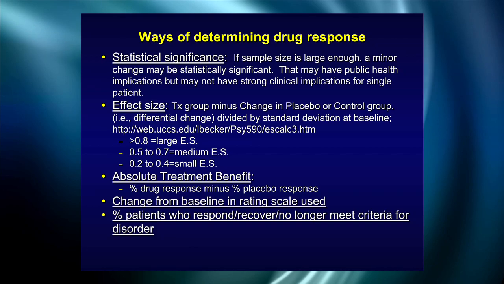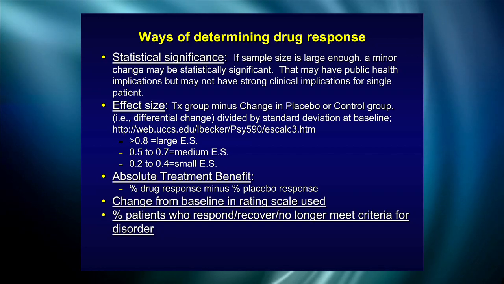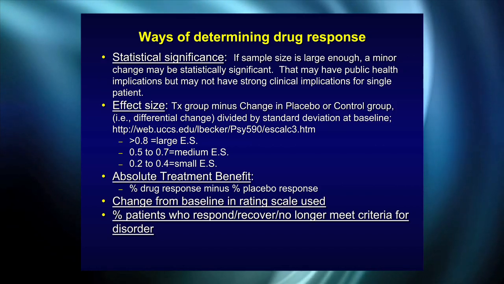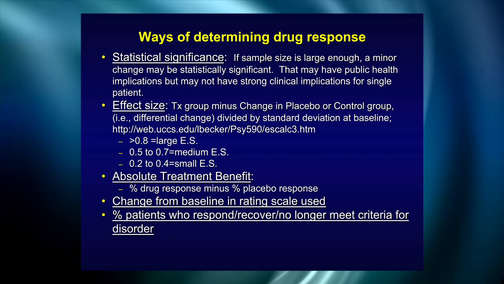We can look at clinically meaningful differences by effect size. I talked yesterday about effect sizes for ADHD treatments and mood stabilizing treatments. We know that a good effect size is 0.8 or larger, a modest one is between 0.5 and 0.7, and a small one is below 0.5. And that can be somewhat helpful too.